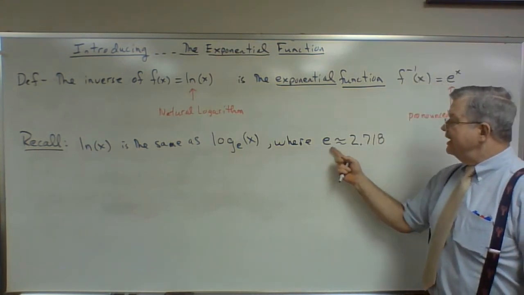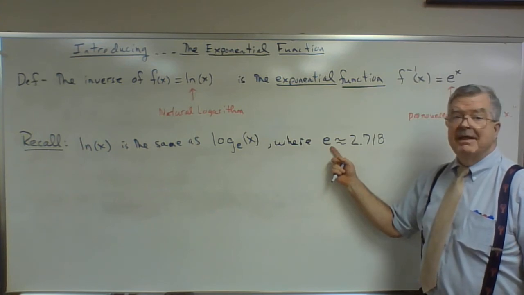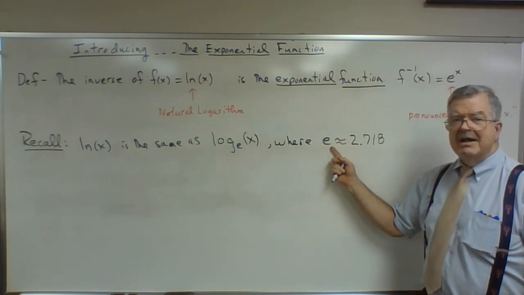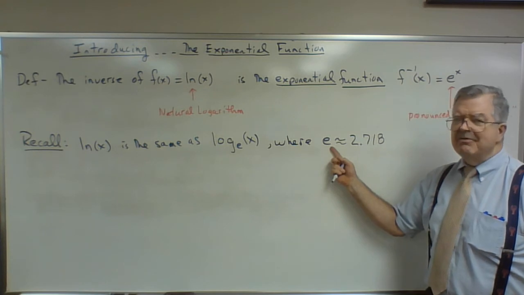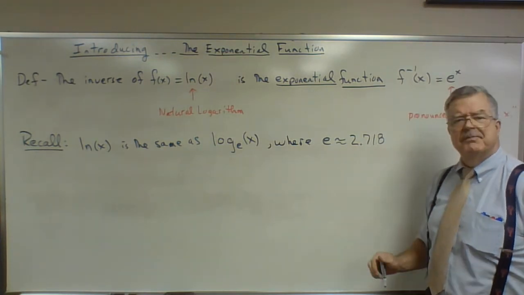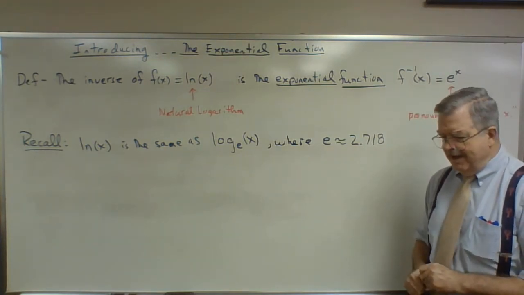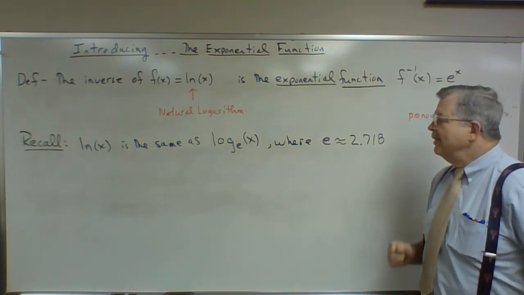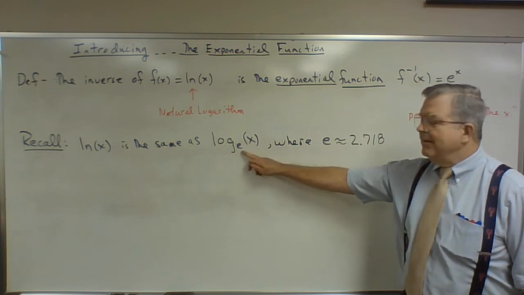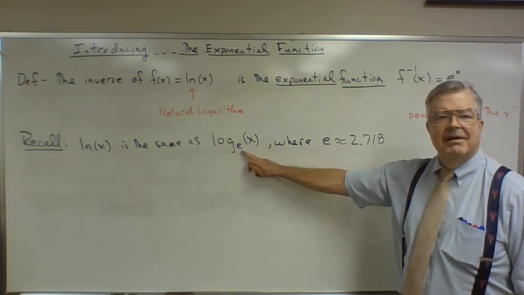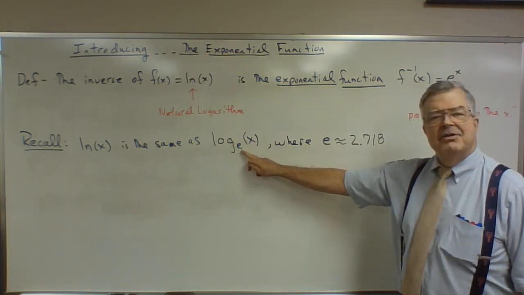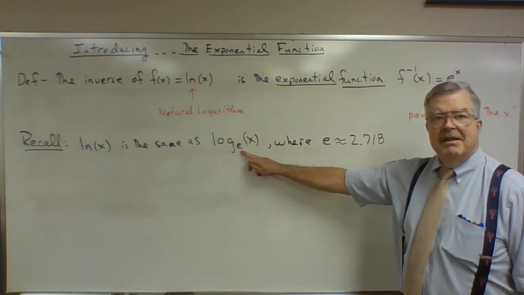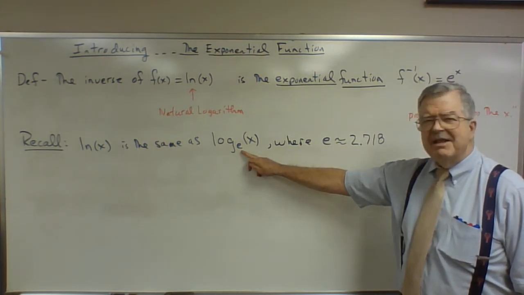It turns out that e is a non-terminating, non-repeating decimal. And you're probably scratching your heads now and saying, why would anybody in their right mind choose a number that's not even a whole number?